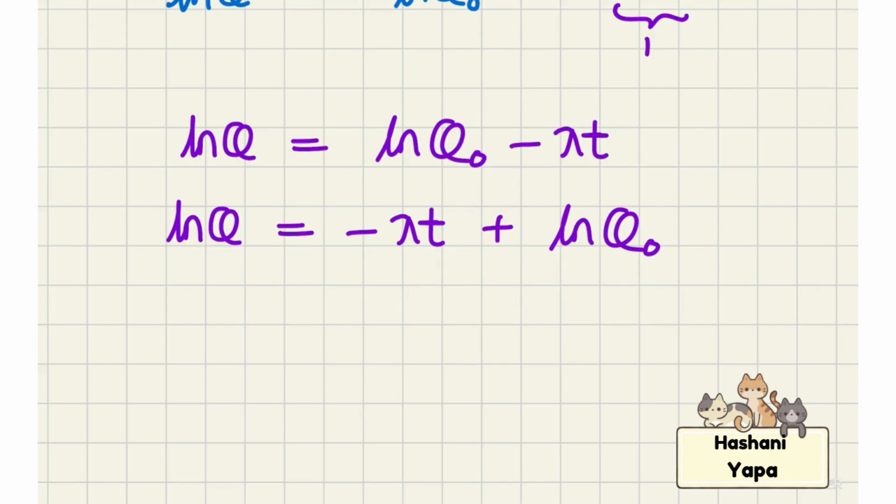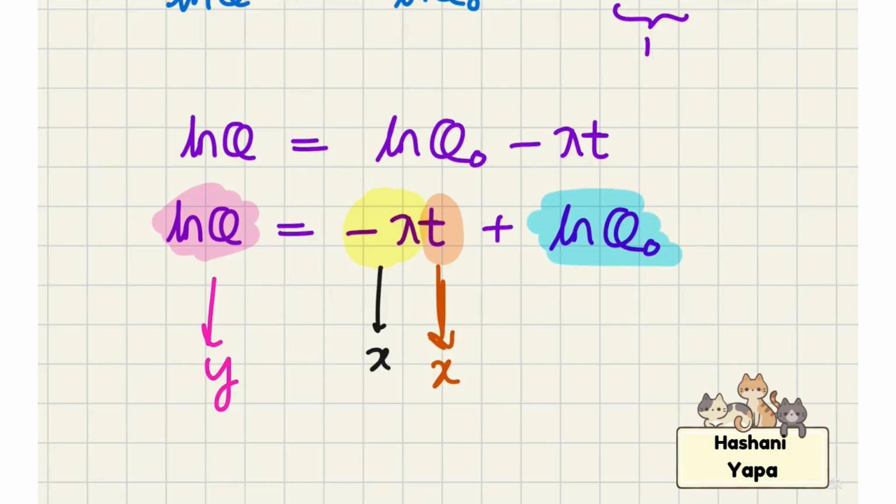So this is the y-axis, this is the y, then we have this as the x, this as the gradient, and the ln q naught right here as the intercept, plus c.